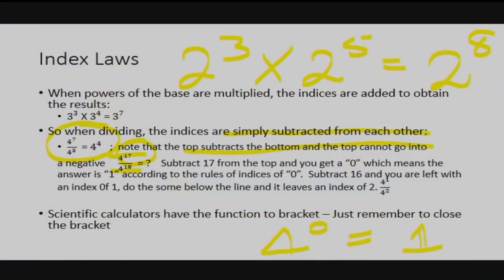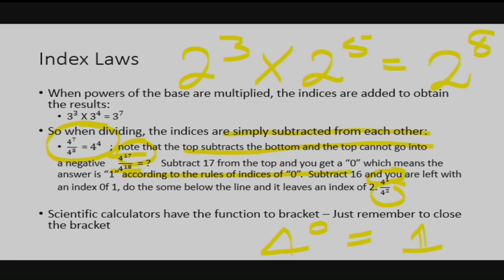So we at least have to leave 1 at the top. I mean, there's 17, but we need 1. So we can only take 16 away from the top. So on top, we still have 4 to the power of 1. But now there's only 16 different, and 18 minus 16 is 2. All right? So that just goes all about this rule.